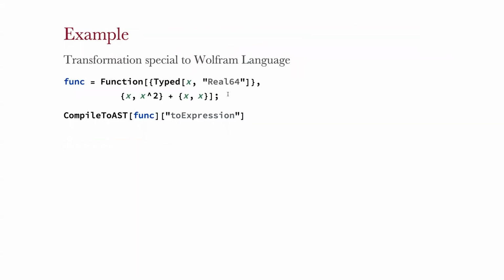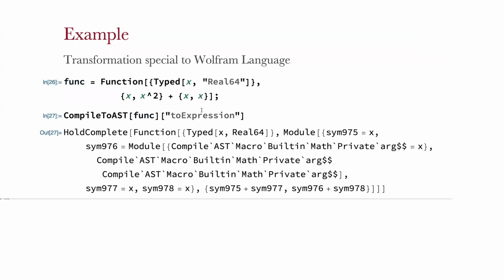But let me give an example of a transformation that's special to the Wolfram language. I've defined a function, and in this function I've got one list, and I'm adding it to another list. This is done at the AST, the syntax tree level.